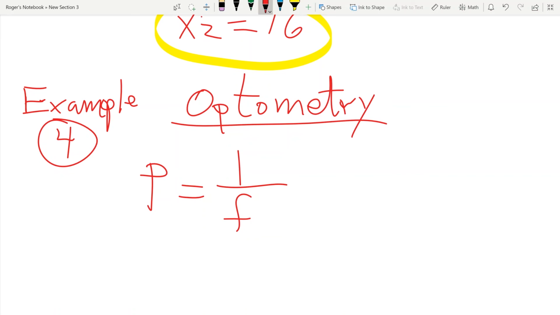So the power is measured in diopters, okay? We measure power in diopters.